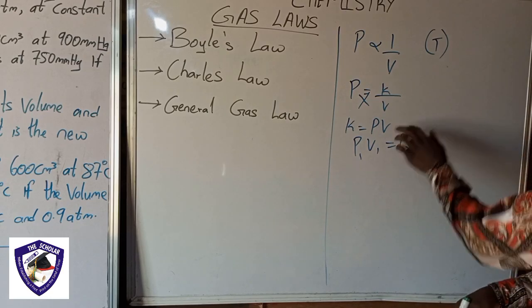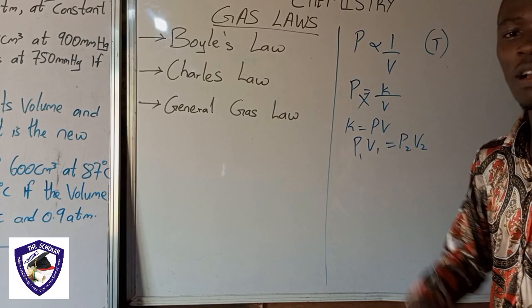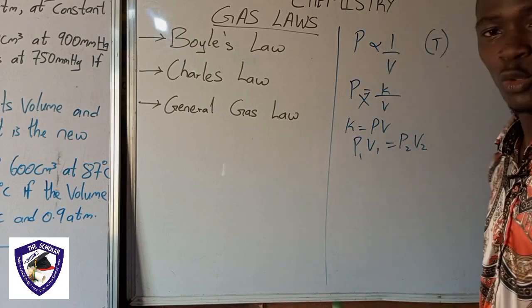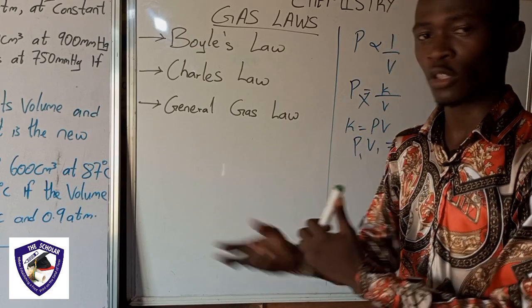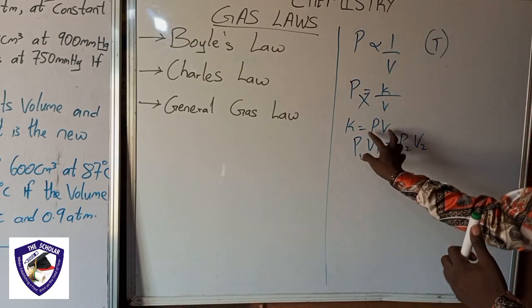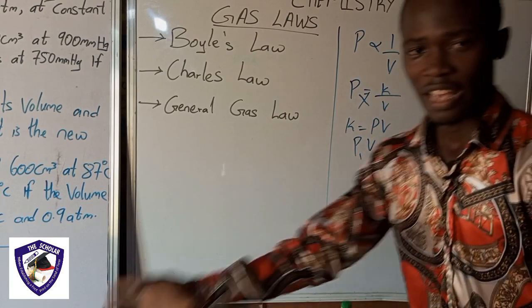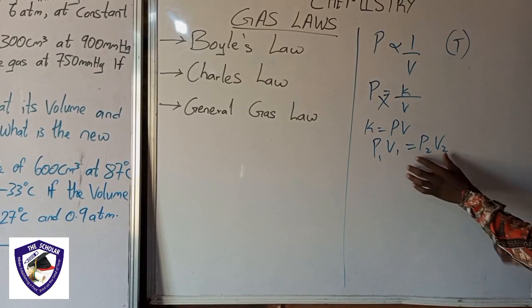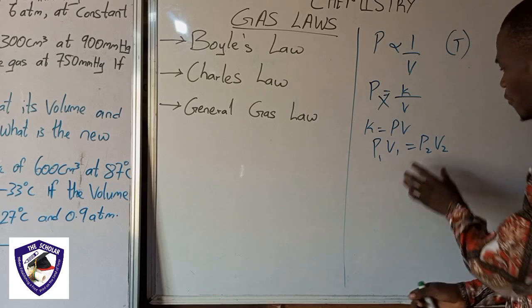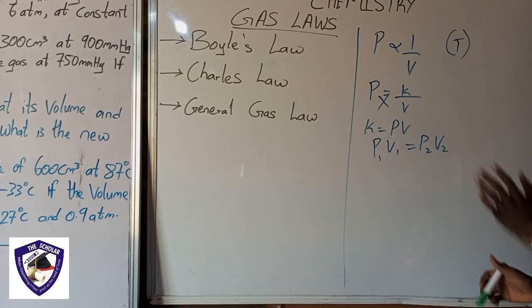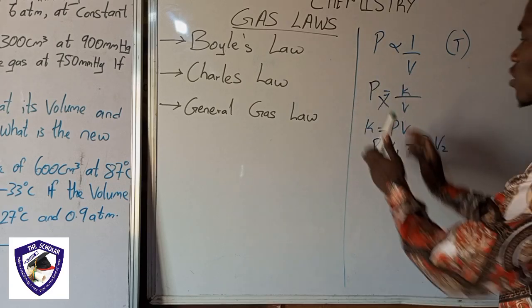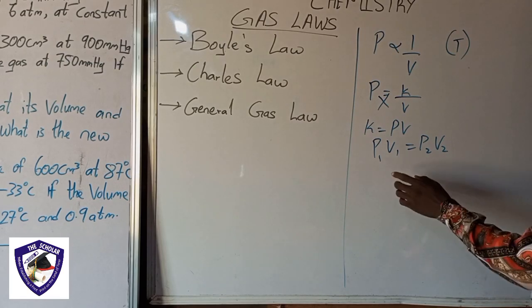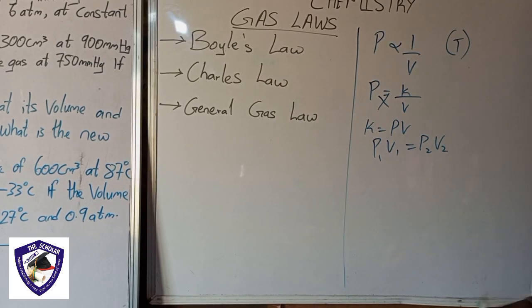A new product will be formed, and that new product is the final pressure and the final volume. So Boyle's law mathematically can be said to be P1 V1 equals P2 V2.